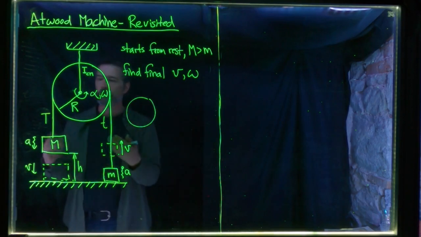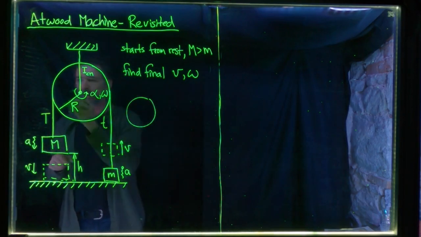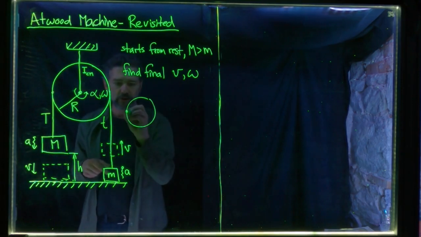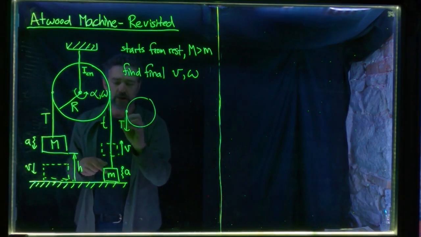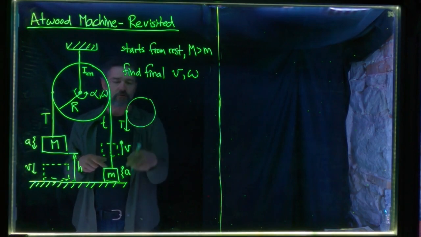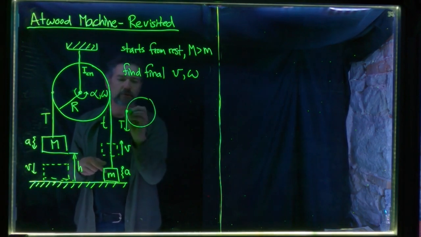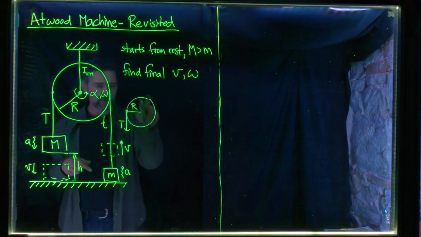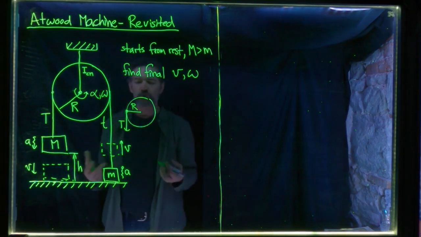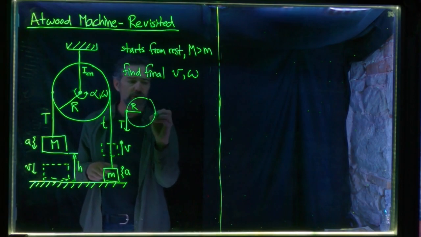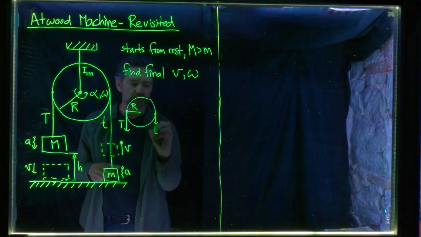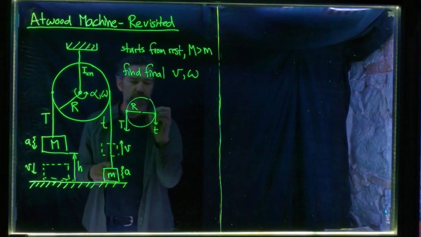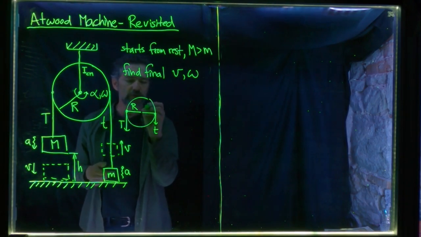So the counterclockwise torque that the rope under tension T exerts on the pulley, which is the magnitude of the force applied at that point on the pulley times the moment arm distance, r times T, will be larger than the clockwise torque exerted by the force of little t, the tension of rope little t, exerted a moment arm distance r away.